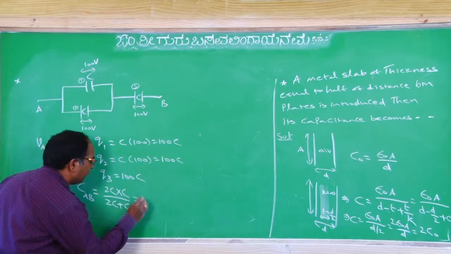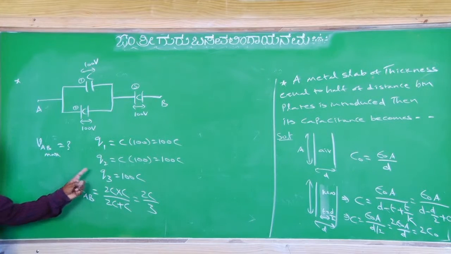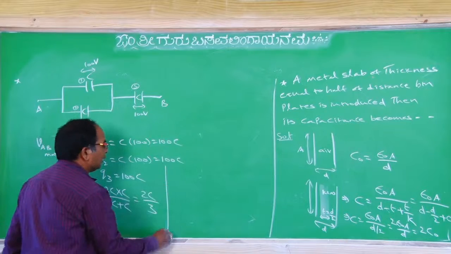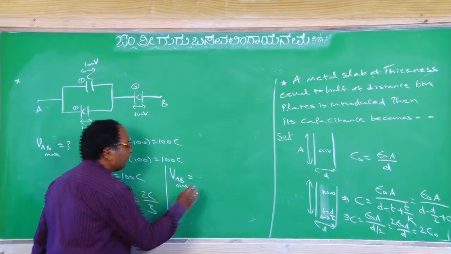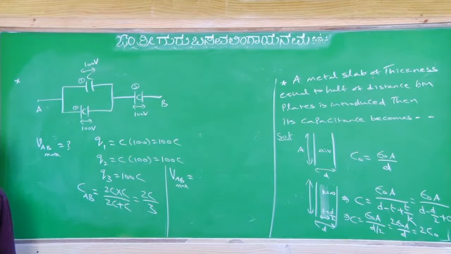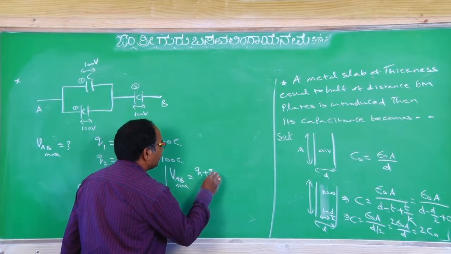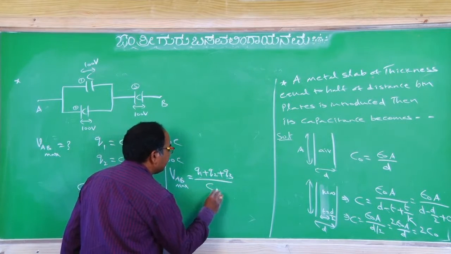So it will become 2C by 3. So now you know total charge and you know total potential, so you are able to find out V_AB maximum. Q is equal to CV, so V is equal to Q by C. So Q1 plus Q2 plus Q3 divided by C_AB.